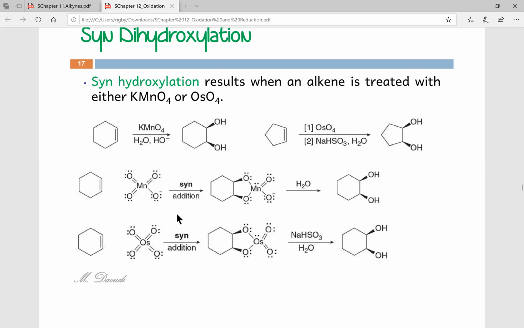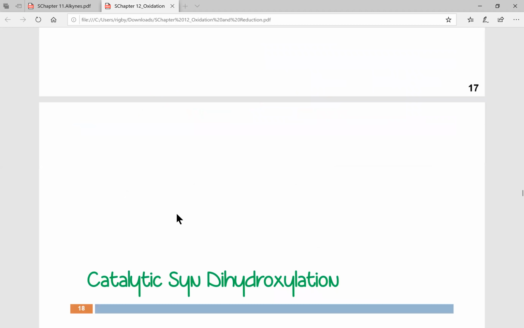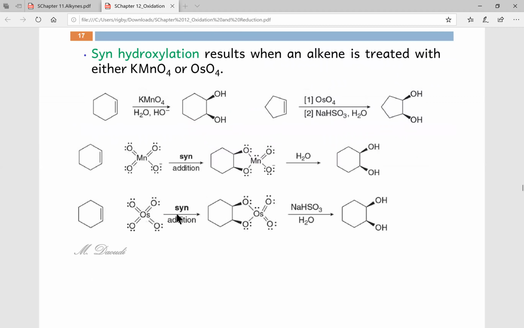Okay? Question: for KMnO4 and then the OsO4, yes, those have pretty much the same characteristics as reagents, so they're going to create syn, always syn. What's also important to note here is that the OsO4 is going to undergo 2 reactions: one with the OsO4, and then the second one with the sodium HSO3 and H2O.